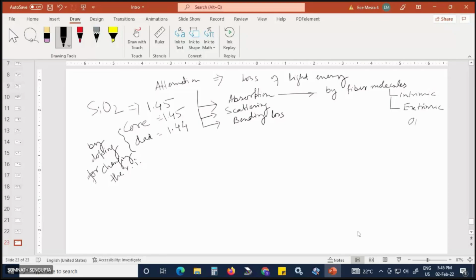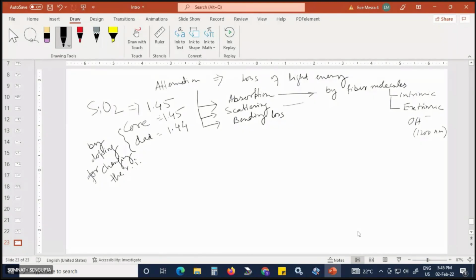And also you know that OH minus, hydroxyl ion, is a killer ion that is introduced during heating or oxidation. It absorbs the light very much, so there is a deep at 1200 nanometers, and there is loss due to this.